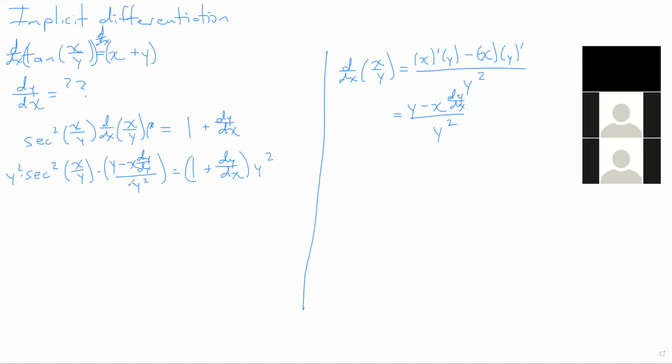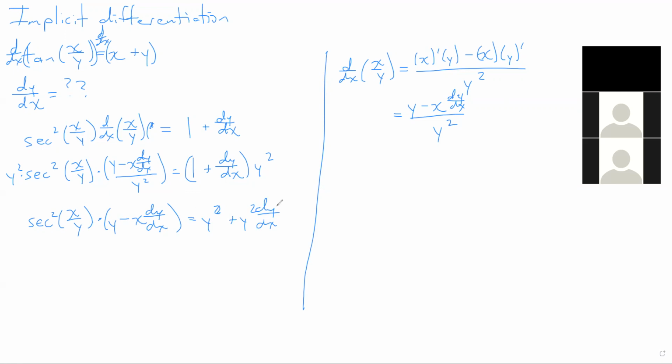And what that'll help me do is to get rid of this fraction. So that'll give me secant squared of x over y times y minus x dy/dx equals y squared plus y squared dy/dx.